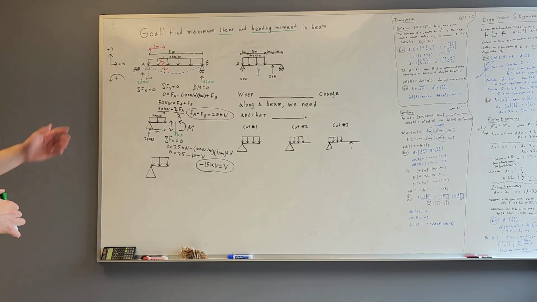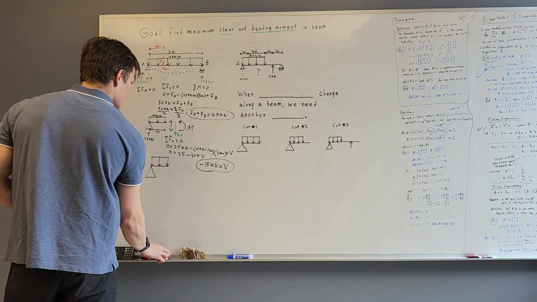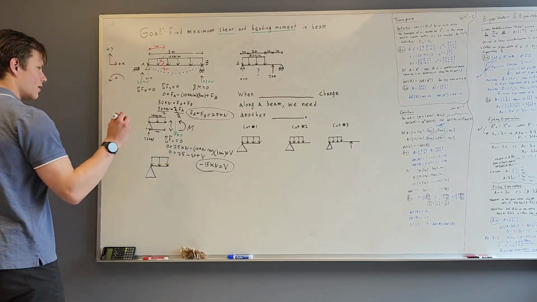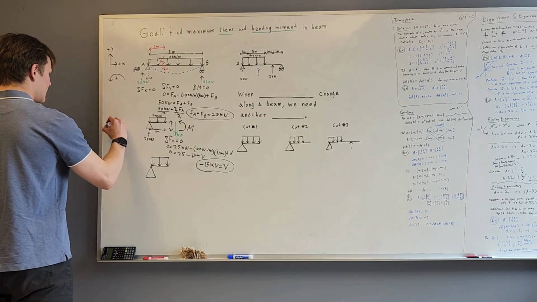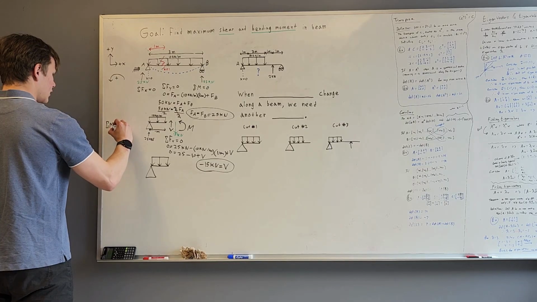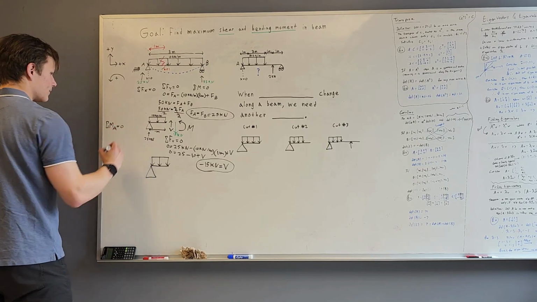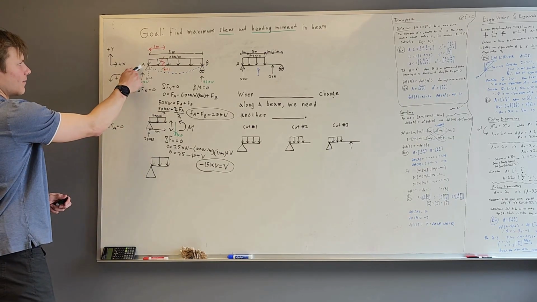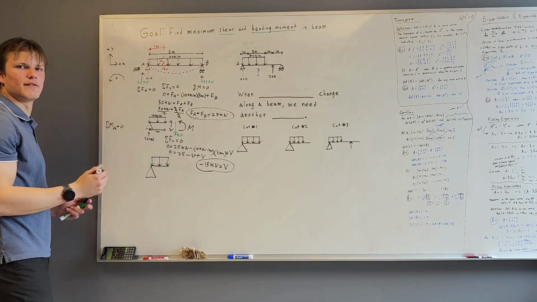Okay, and now it's time to find the moment. So now we can take the sum of the moments around A, and remember A is just the location of this support right here.